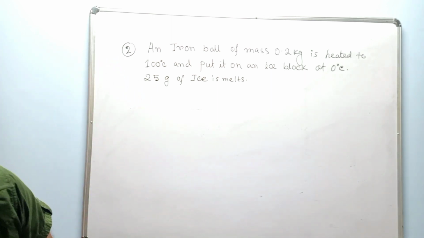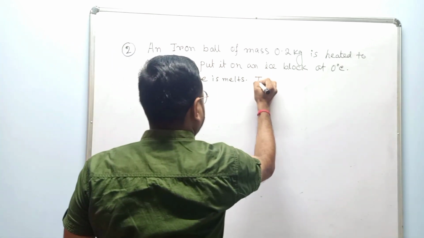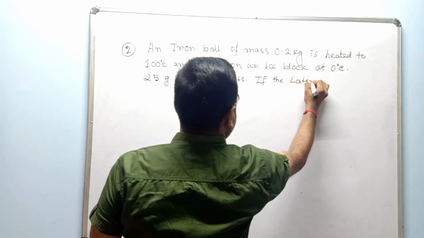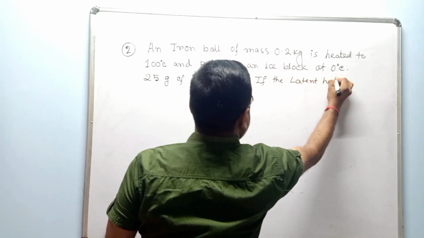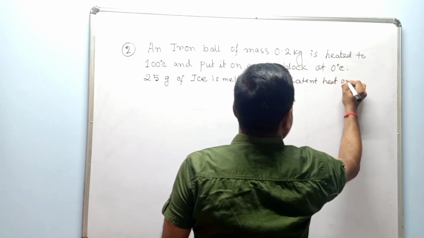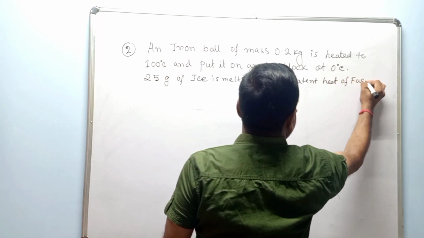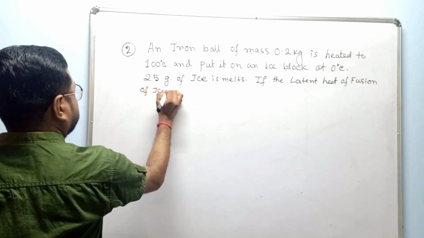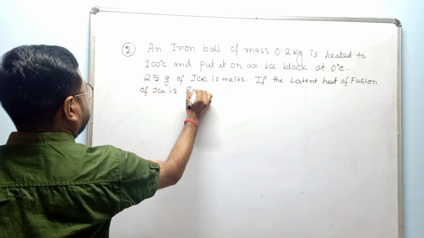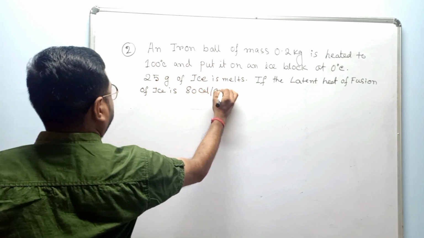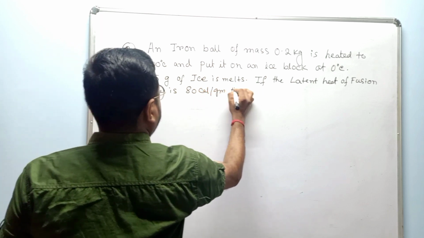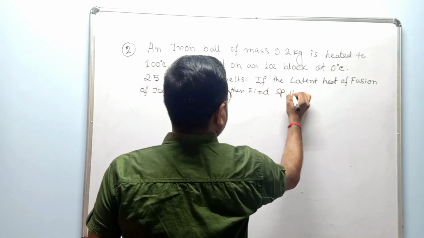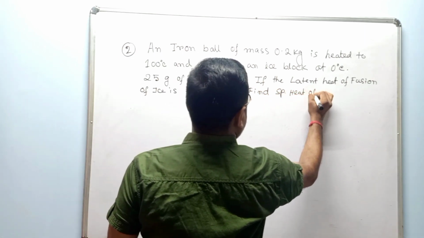If the latent heat of fusion of ice is 80 calorie per gram, then find the specific heat of iron.